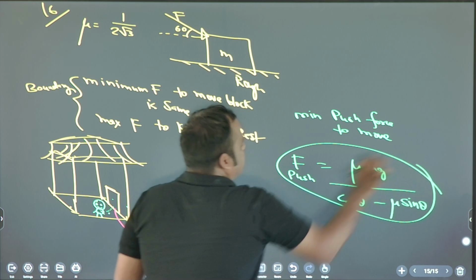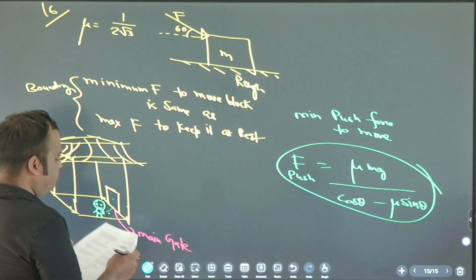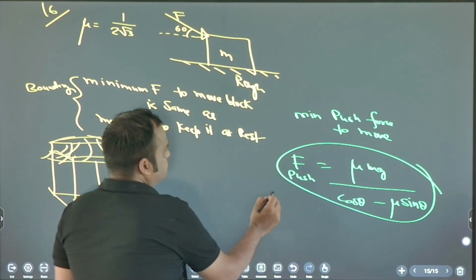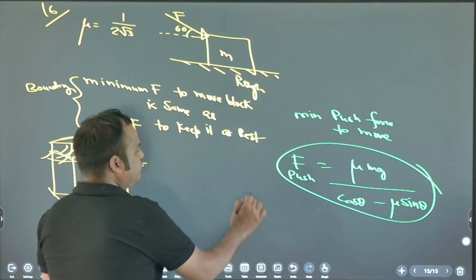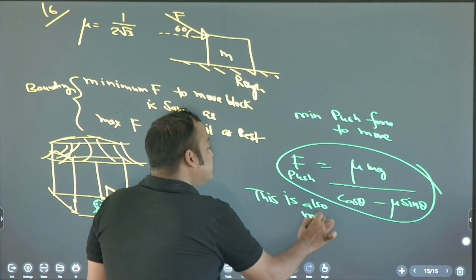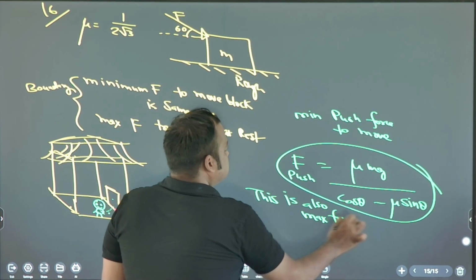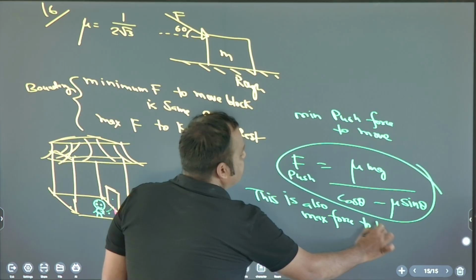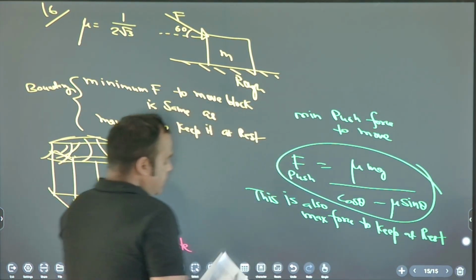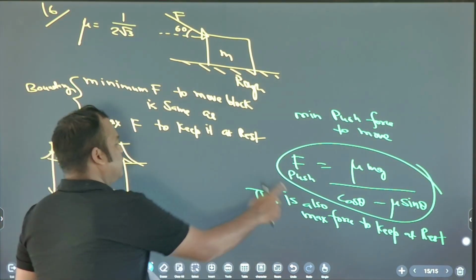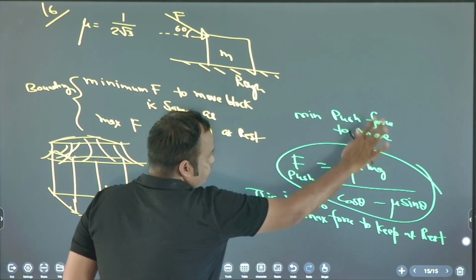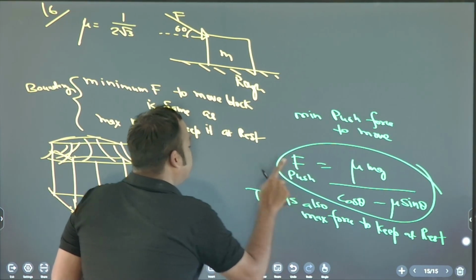So this is the formula for the minimum force needed to push. This is also the maximum force to keep at rest. Minimum force to move or maximum force to keep at rest.